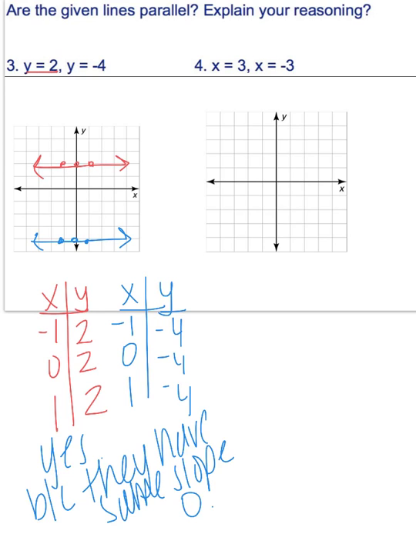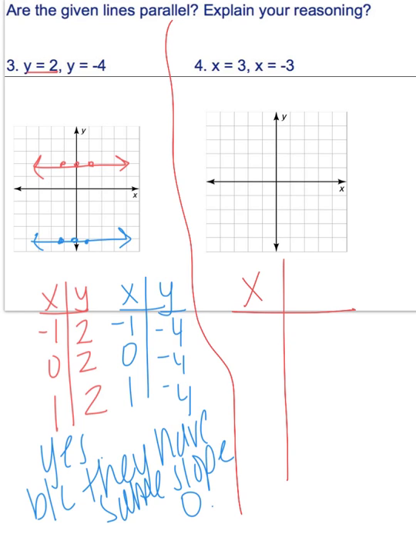Why don't you try number 4 with your table group? Tell me, are x equals 3 and x equals -3 parallel? I'm going to go ahead and make my table. For this one, I'm going to put 3 in the x all the way down, and then -1, 0, and 1 for the y.